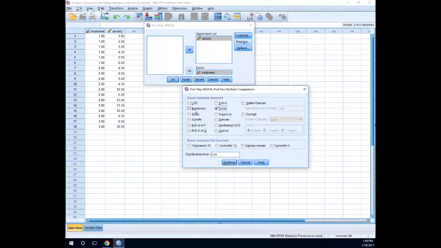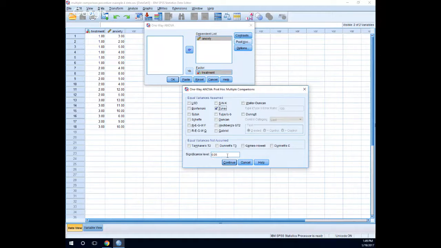So we're going to avoid that for right now. We're just going to mainly focus on Tukey's. You'll notice that these tests right here assume equal variances among your groups. These tests down here would assume unequal variances. But like I said, Tukey's is one of the most commonly utilized tests, so we're going to stick with that.